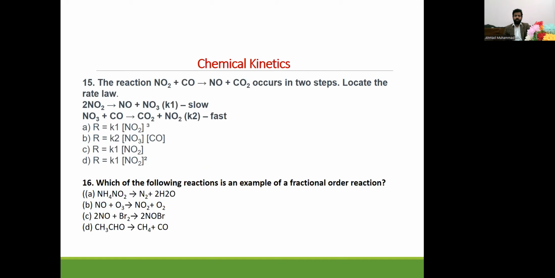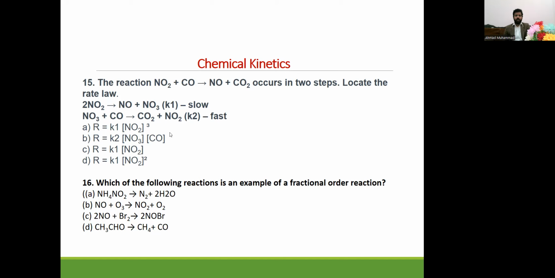And if we move to another question, the reaction NO2 plus CO going to NO plus CO2 occurs in two steps. Locate the rate law. 2NO2 going to NO plus NO3, which is a slow step, where K1 is the rate constant. The second step is NO3 plus CO going to carbon dioxide gas plus NO2, which is a fast step, and here the rate constant is K2.